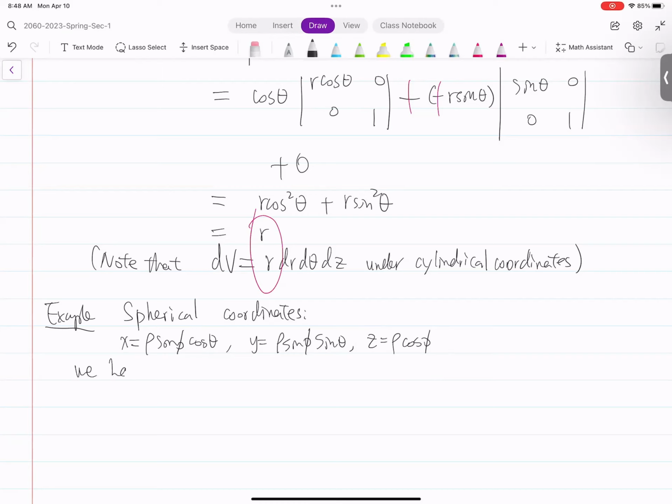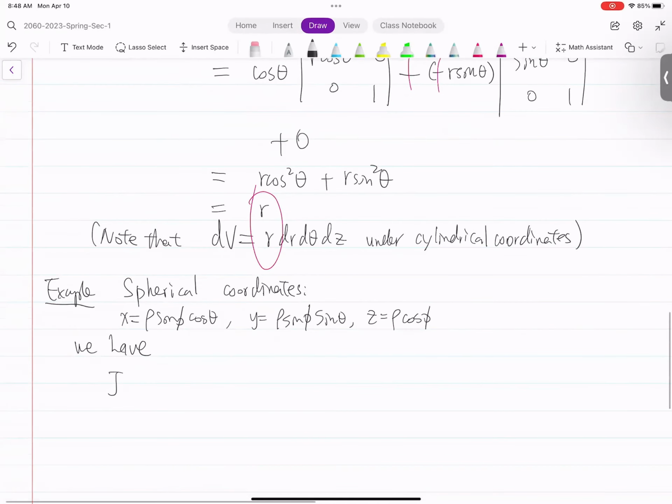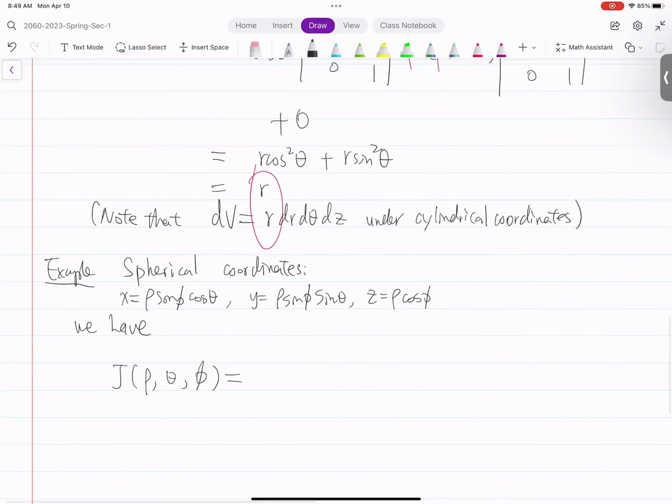We have the Jacobian determinant defined in terms of rho, theta, phi. The only thing that's a little bit tricky here is that you definitely need to put down the order of the three variables really clearly, and then you do the computation with respect to the same order.